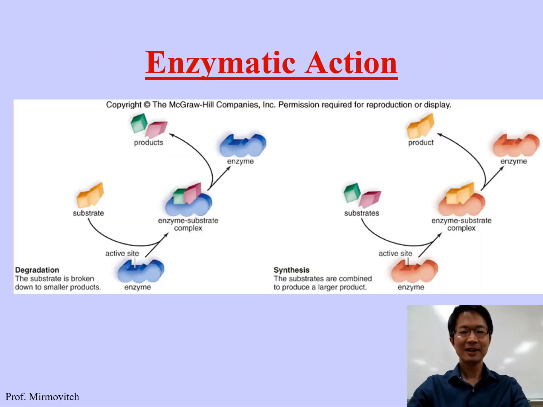Okay, let's take a look at this picture here. It gives you a better idea. On the left hand side, we have the degradation. Degradation is basically hydrolysis. An example of degradation is hydrolysis, one of the many examples.